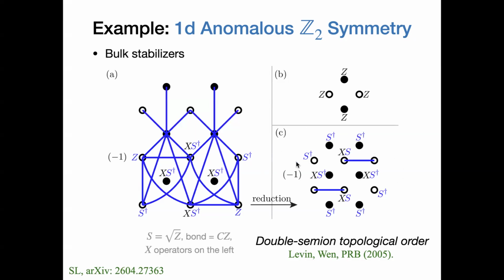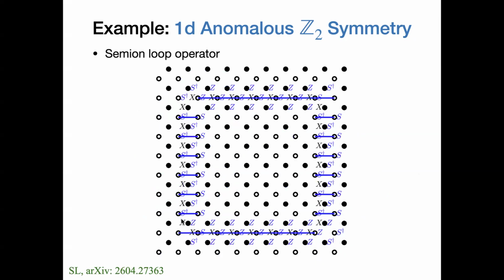The way to do it is to take the product of this type of stabilizers in a rectangular region, which results in a loop operator presumed to be the semion loop. Then you can check that the horizontal arm and the vertical arm of this loop operator anti-commute with each other, which is the signature of semion statistics.